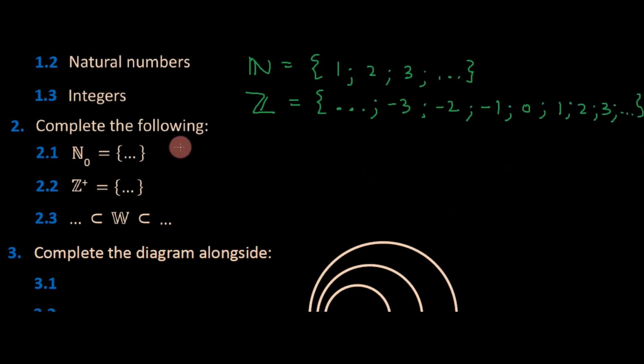Then we have to complete the following. N0 is the set of natural numbers including 0, so just the set of whole numbers. Z plus is the set of positive integers, in other words, just the set of natural numbers.